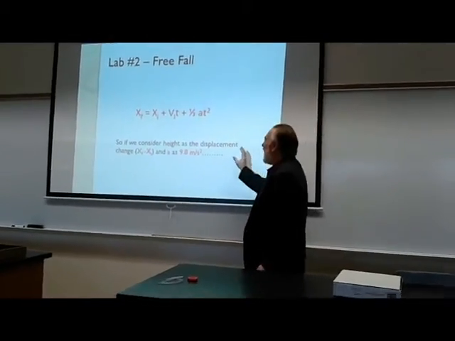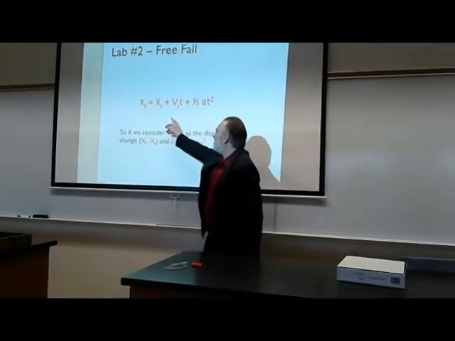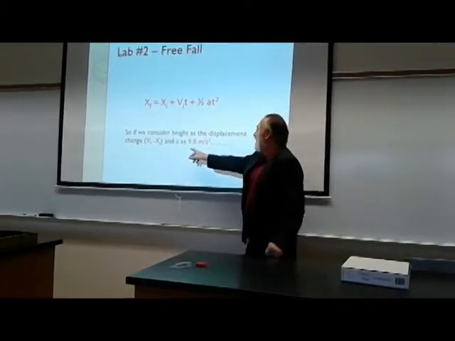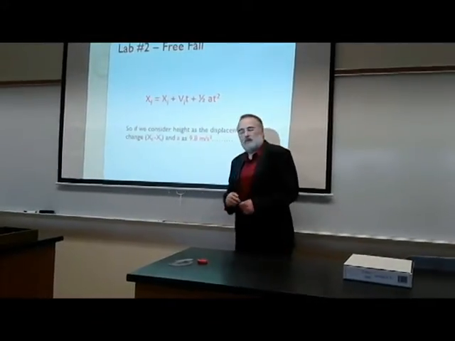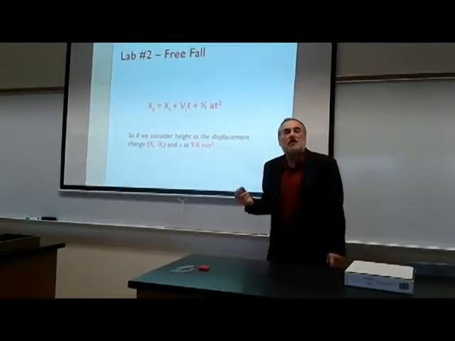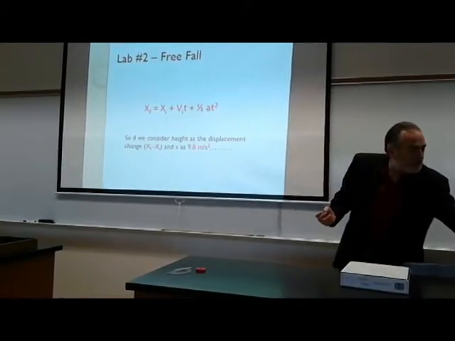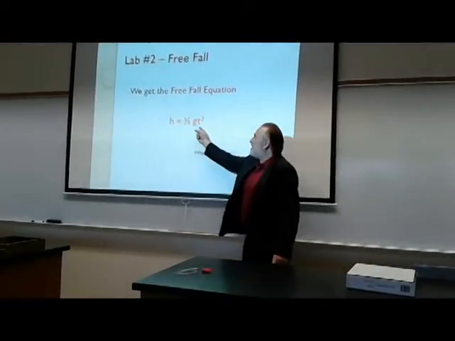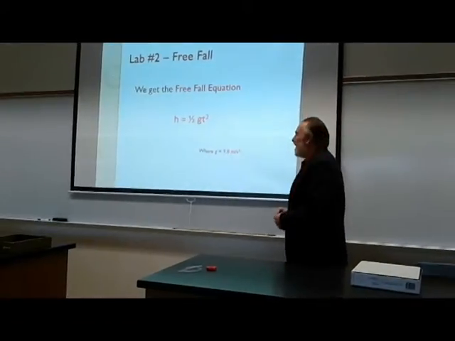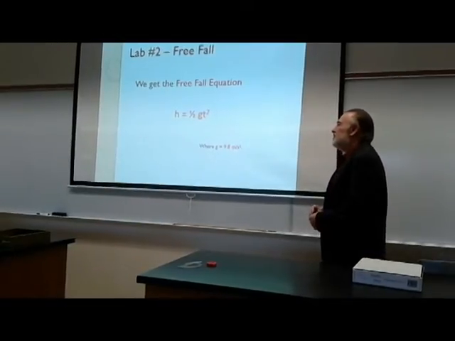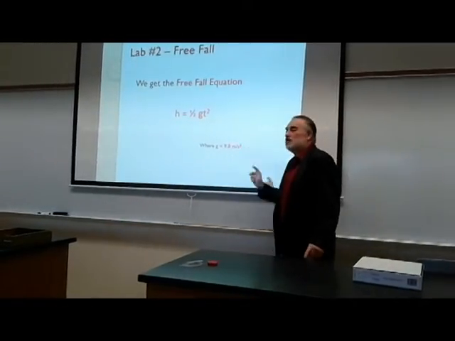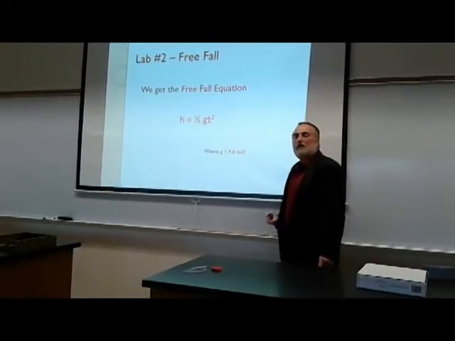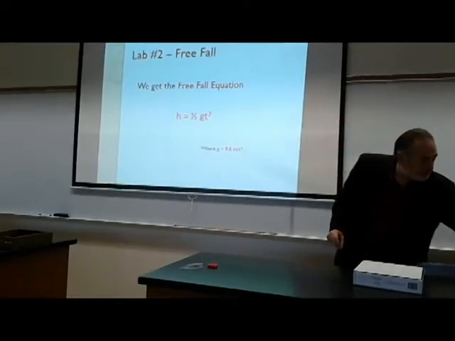So if we consider height as a displacement change, call it h, and use as acceleration here on Earth 9.8 meters per second squared, we end up with a very simplified equation. Height is equal to 1/2 times g, where g is equal to 9.8 meters per second squared on Earth, times time squared.